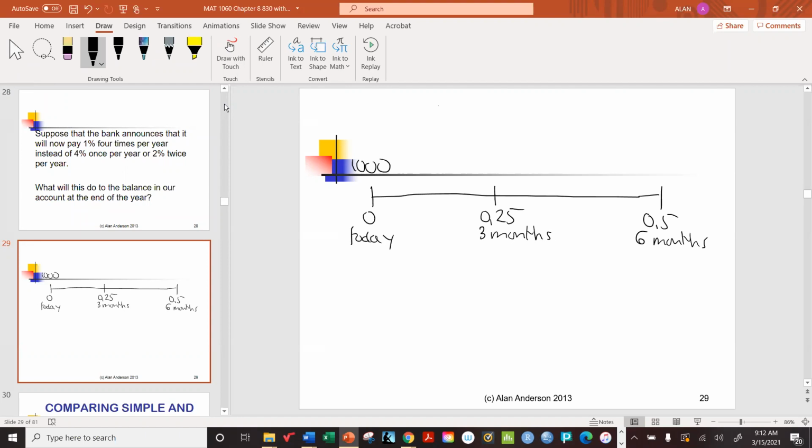So in the formula, if you notice, the product of 0.04 and 0.25 is 1%. So basically, what you're actually doing here is multiplying 1,000 by 1.01, which is $1,010 even.